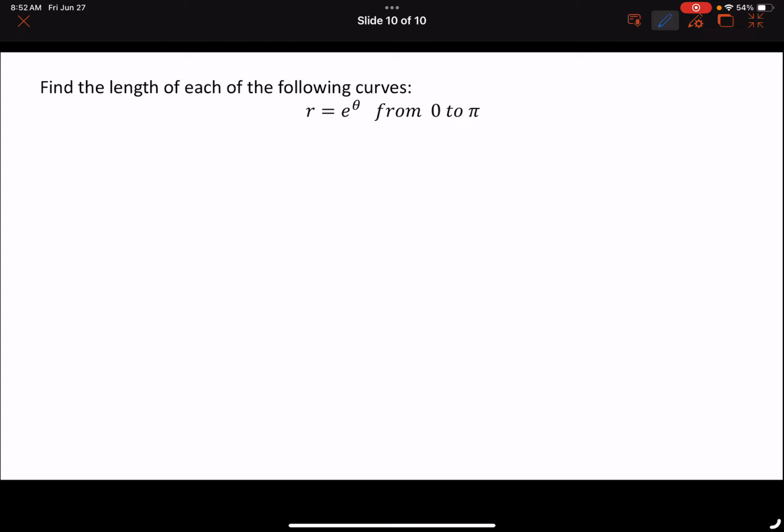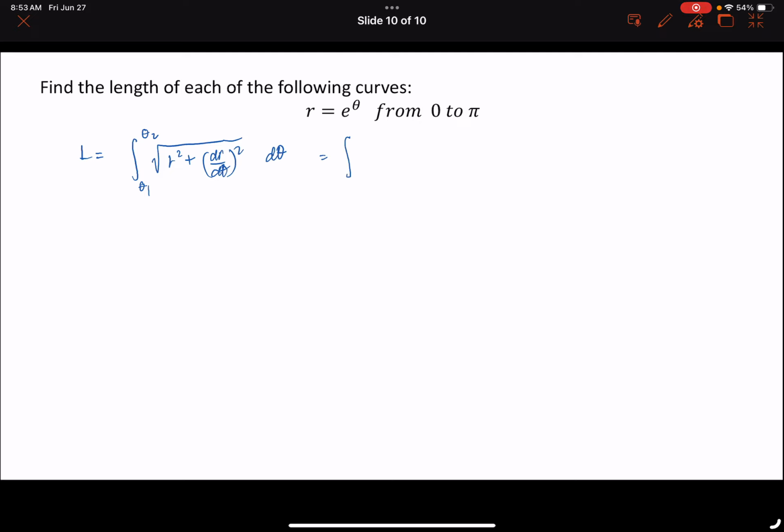And finally, let's have this one. So find the length of the curve r is equal to e raised to theta from theta equal to 0 to theta equal to 5. So the length is given by L equal to the integral of the square root of r squared plus dr over d theta squared d theta from theta 1 to theta 2.